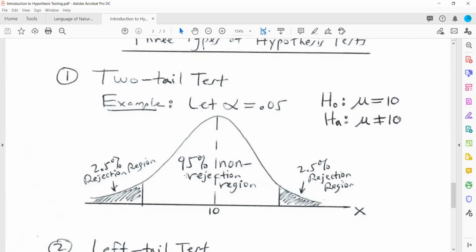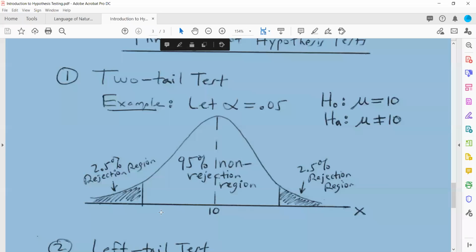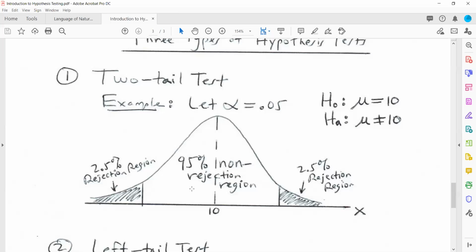However, if our sample mean is somewhere between these two vertical lines, in the 95% of the area under the curve, we do not reject the null hypothesis. It's close enough to 10 that we accept it as normal variation around the population mean. Not a big deal.